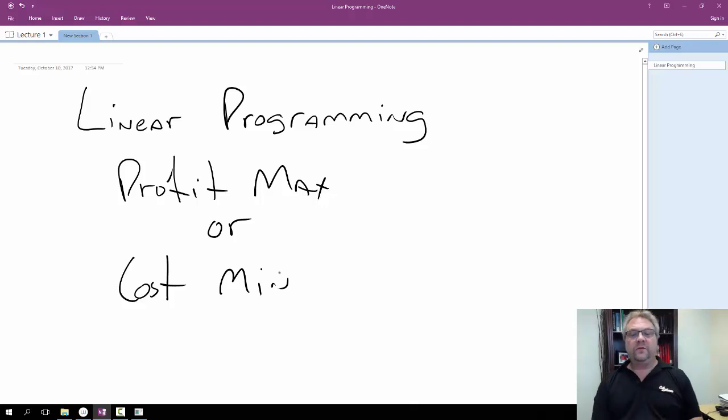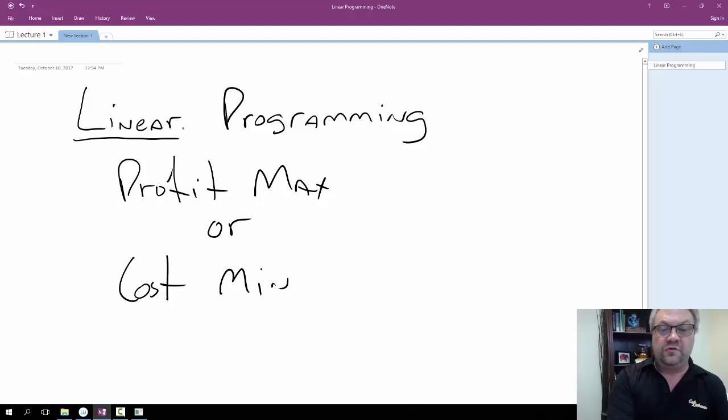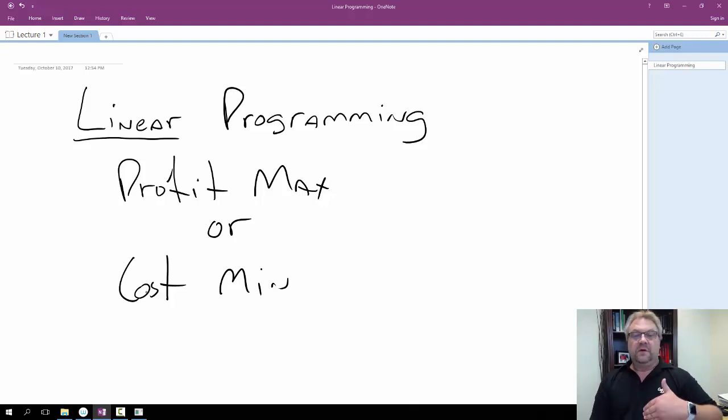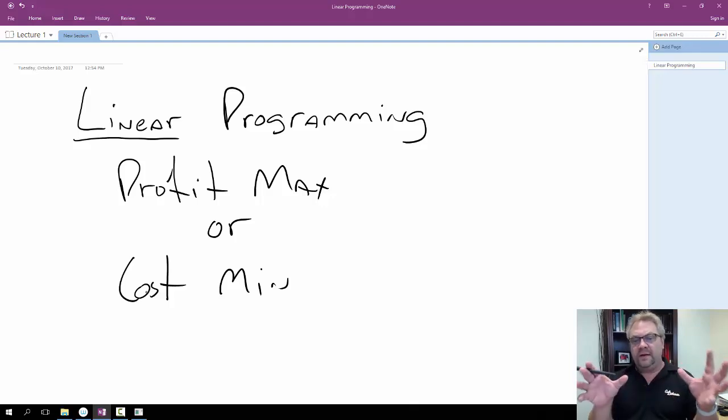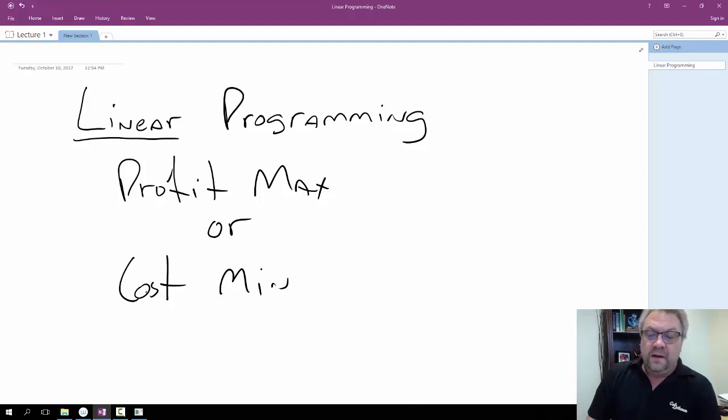Now, some of you may have dealt with these in a nonlinear fashion, but obviously here we're going to ensure that our profit function and our cost functions are all linear. So, to give you an idea of what linear programming is all about, let's just start with a quick example.